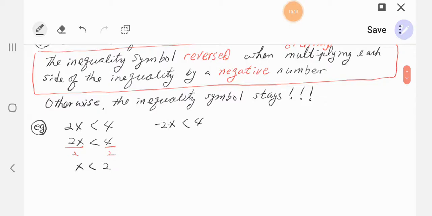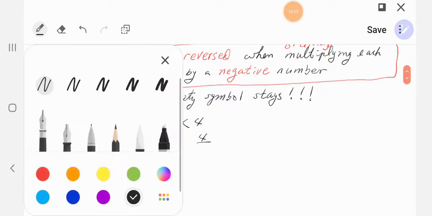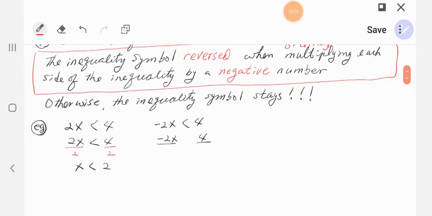But what happens in this case, where this is negative 2 times x? I will divide each side of the inequality by negative 2. Negative 2 is a negative number, so we change the direction of the inequality symbol.